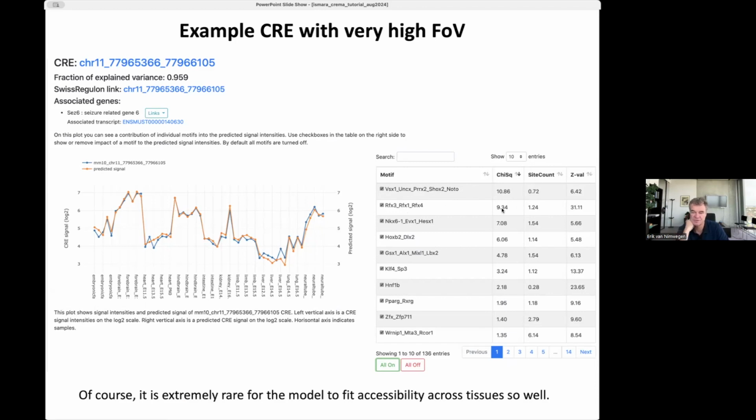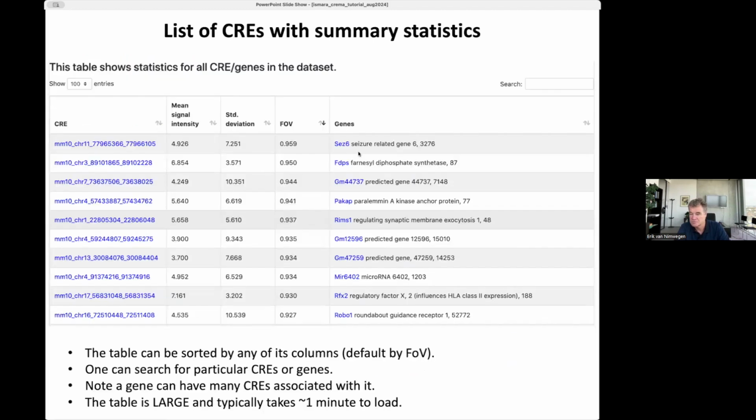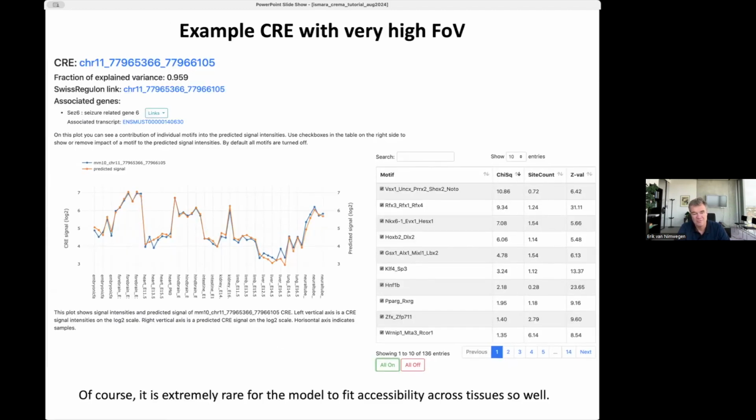It has a score of 9.4. And you can again turn each of these on or off to see the effects on the predicted signal. Now, I should tell you that I took this one from the top of the list. And so again, most genes are not predicted anywhere near as well as this, but this is just to show you an example.